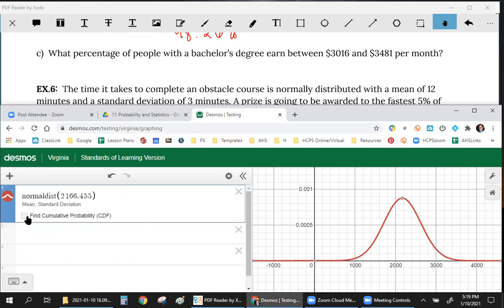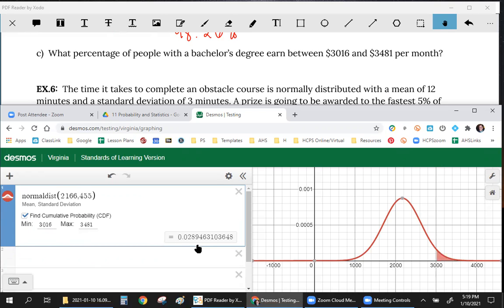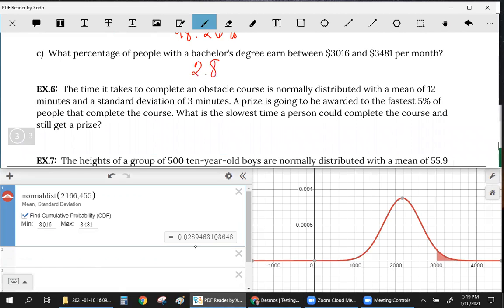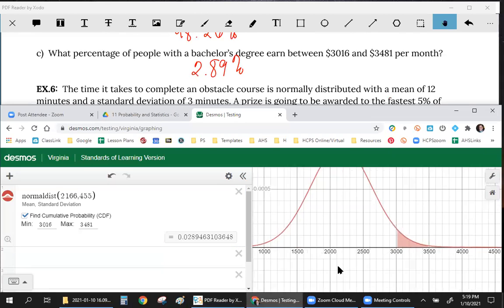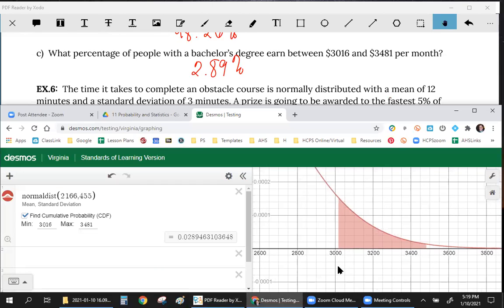If I convert that over to a percentage, move your decimal place over 2 spots, so we're only looking at 2.89%. You'll notice it only shades in a very small amount over towards the left. If I zoom in a little bit, you'll notice it does cut it off at that higher value, but it is still just a very small portion of the graph.